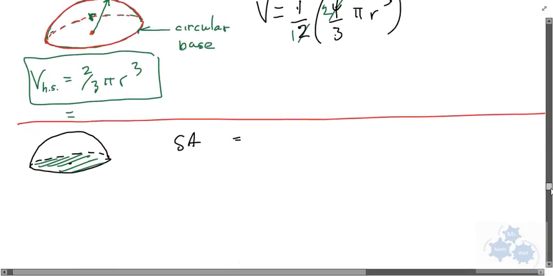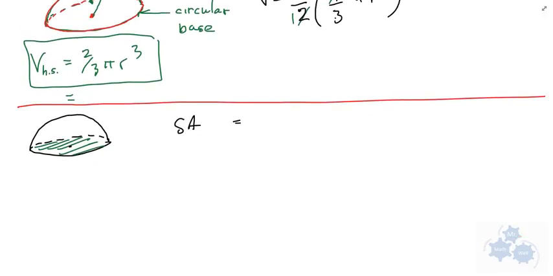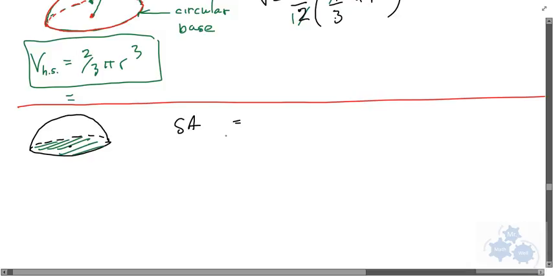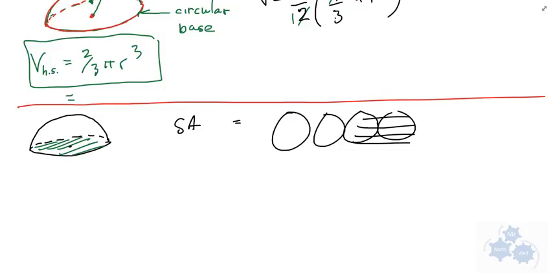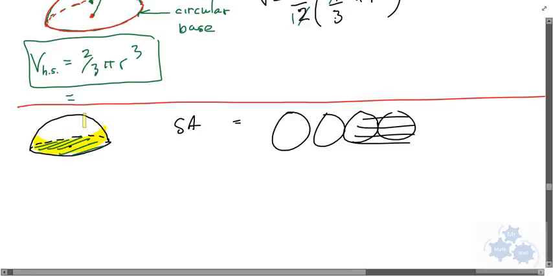Surface area, though. This is a bit trickier. You know, some students would say, well, I know, Mr. Maxwell, a whole sphere is 4 pi r squared. So guess what? We're just going to do 2 pi r squared. Well, you're kind of right. The 2 pi r squared would cover all of the outside area of the top of that sphere.